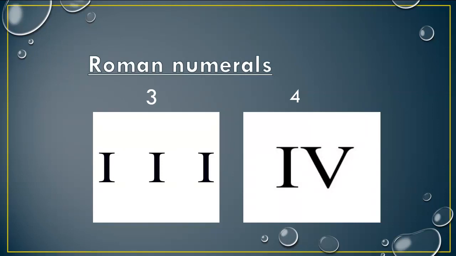Now the question arises: we are trying to represent 4. How does having a symbol for 5 help? Well, they developed a new rule with this symbol. And what is the rule? The rule says that when a smaller numeral is on the left hand side of a bigger one, subtract it. So when you write V, it represents 5.